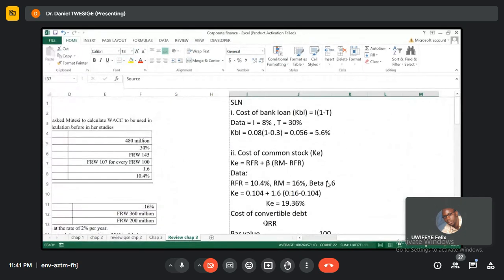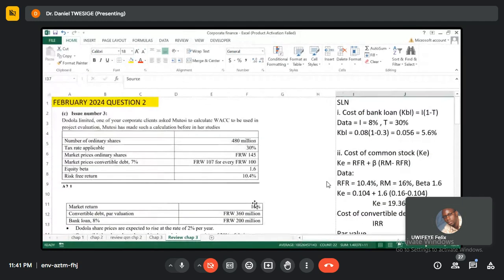The question said the convertible debt par valuation is 360 million, but they told us the par value for the bond is 100. So what is the market value? Get 360 divided by 100 to get the number of bonds, then multiply by 107.